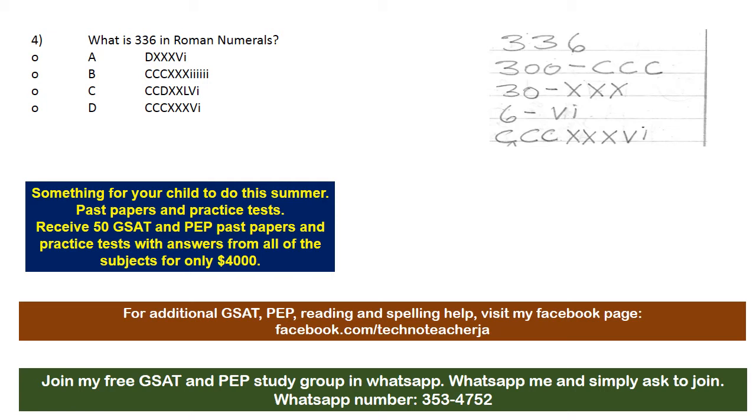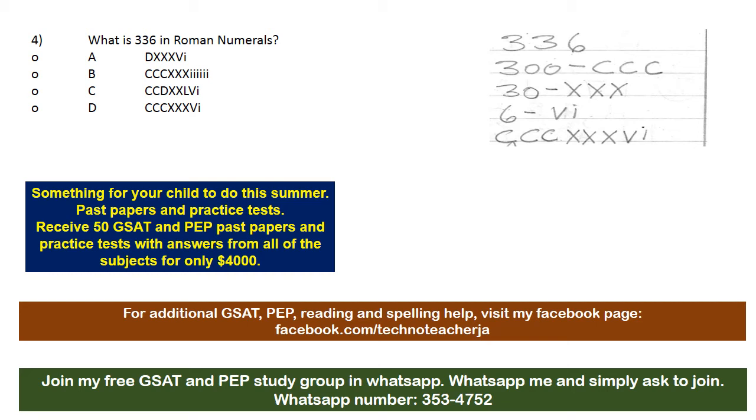So CL would be 100 plus 50, 150. If the first letter is larger, add.